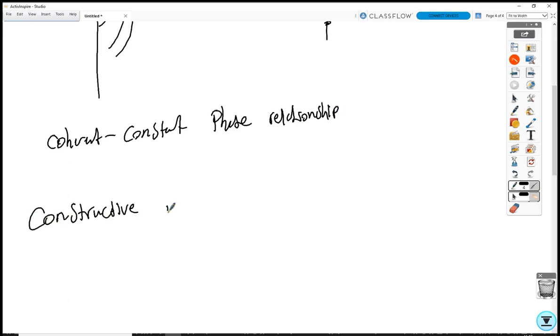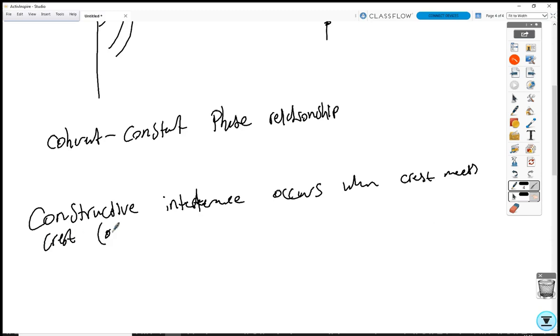So constructive interference occurs when crest meets crest, or trough plus trough. And the path difference is n lambda.